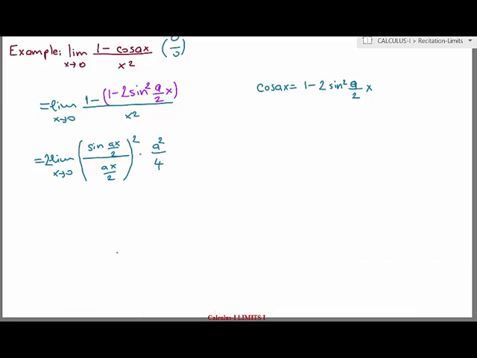And we know that when x tends to 0, sine ax over 2 over ax over 2 is 1. So this expression is 1. So we have 2 times limit when x tends to 0, a square over 4. It does not depend on x. So the answer is 2 times a square over 4, which is a square over 2.